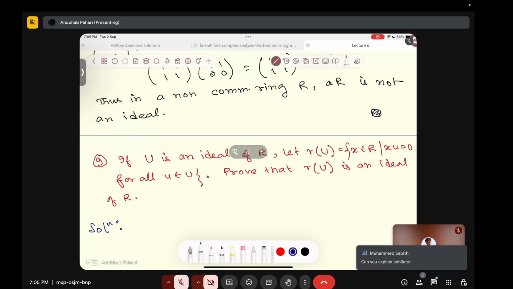No, this is not radical. Annihilator is something that comes when you treat R as a module over itself, so better to not bring that term here. This one is called the radical of an ideal. So nothing to worry about.